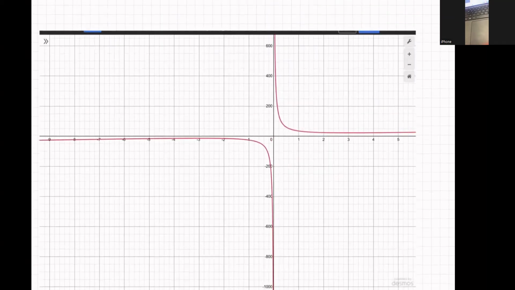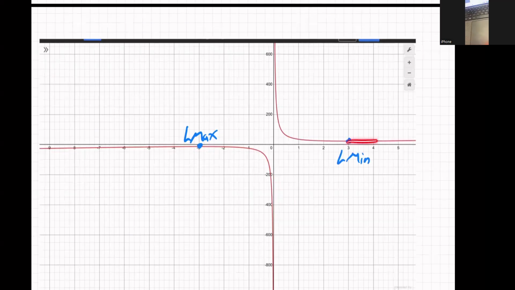It's hard to see a little bit. Here's -3 right here. That is a local max. It is going up just barely before that and then down after. And then this is all going down as well until we hit +3. That's a local min. And then it's going up afterwards.